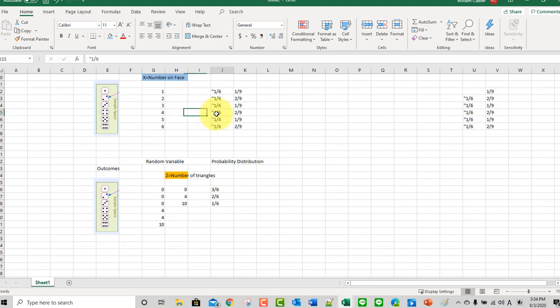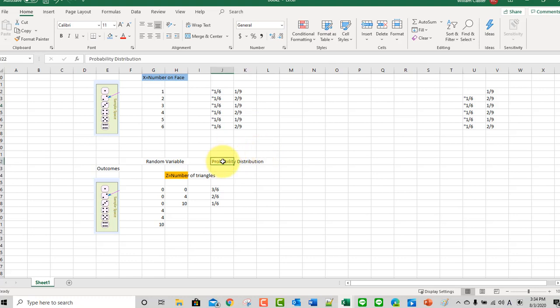What's the probability that it's a 4? 1/6. But we could have a different probability distribution as long as they all add up to 1 and they're not negative. You can't have negatives. Then I might say, what's the probability of a 2? It might be 2/9. And what's the probability of a 3? It might be 1/9.